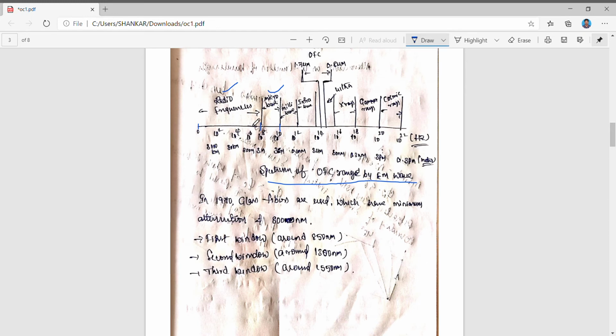Coming to our optical communication domain, it lies in the frequency range of 10 to the power 14 to 10 to the power 16 Hz. That will be represented in terms of edges.